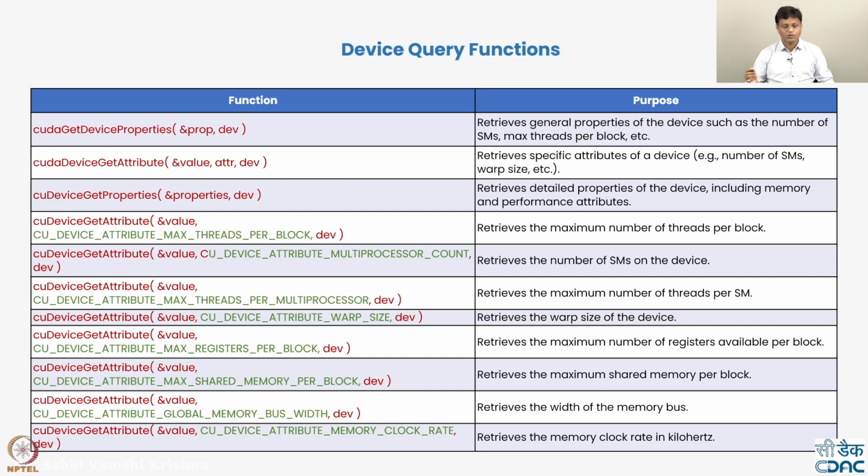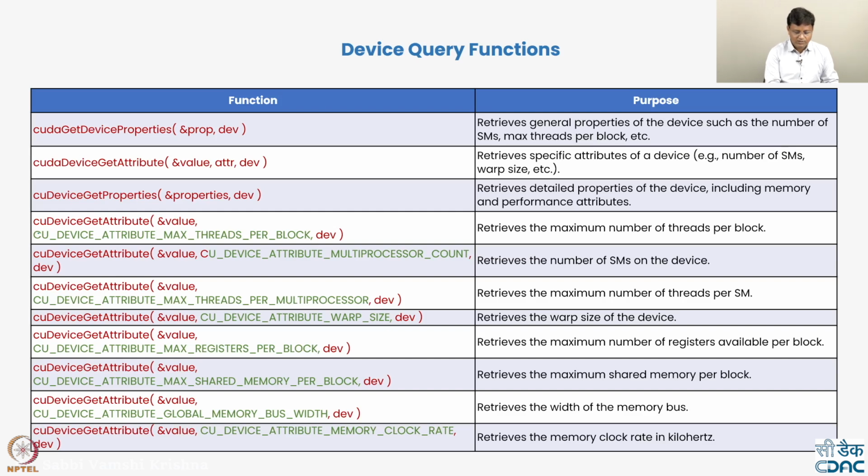You simply write one program using these device query functions, pass the attributes for the information you want, and you can get the entire information related to that particular device. Let me take an example here.